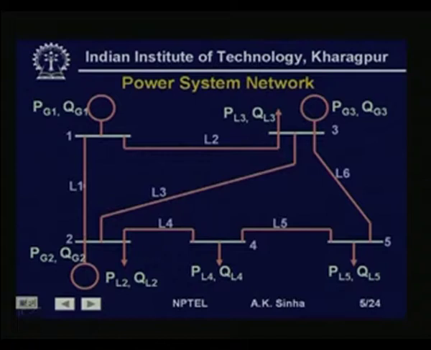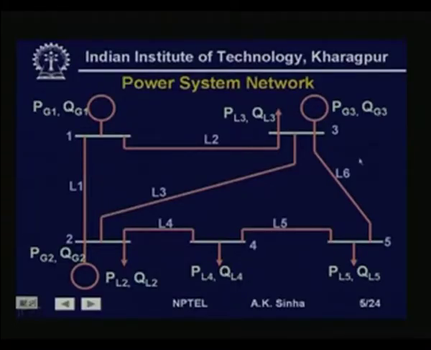The whole idea of power flow analysis is to find out the voltages at various bus bars and the power flows in various lines, because we know that we must keep the voltage within a specified limit, as well as keep the power flowing on a line within its capacity.